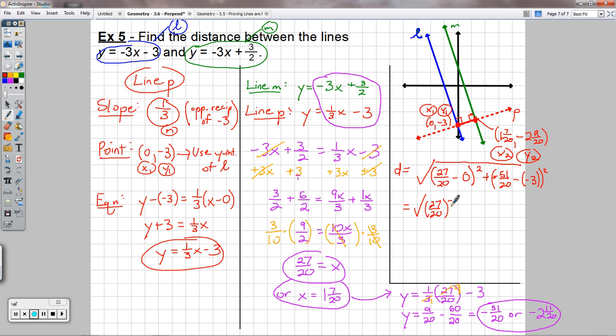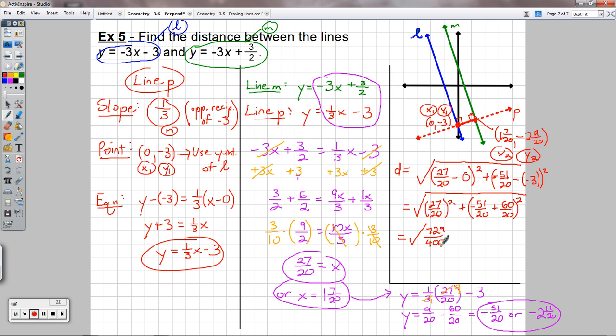It's just 27 over 20 squared plus, and this is like negative 51 over 20 minus a negative is positive. This is like 60 over 20, which is the same thing as 3. So we have that squared. 27 over 20 squared is going to be 729 over 400.